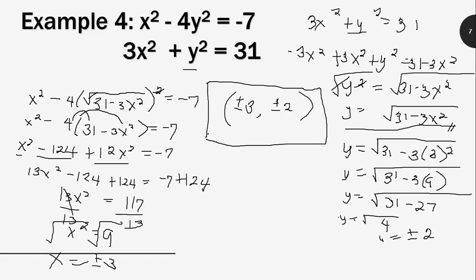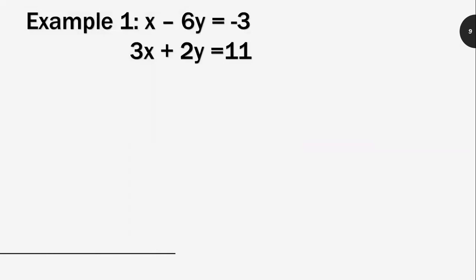And now let's have our elimination method. Elimination method, this one, example number 1, x minus 6y is equal to negative 3 and 3x plus 2y is equal to 11. Equation 1 and 2, same po, you have to think in number, yung variable na i-isolate first.